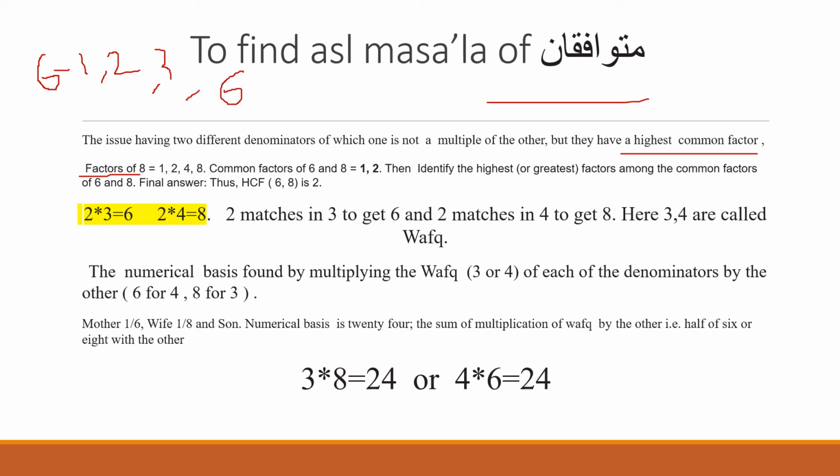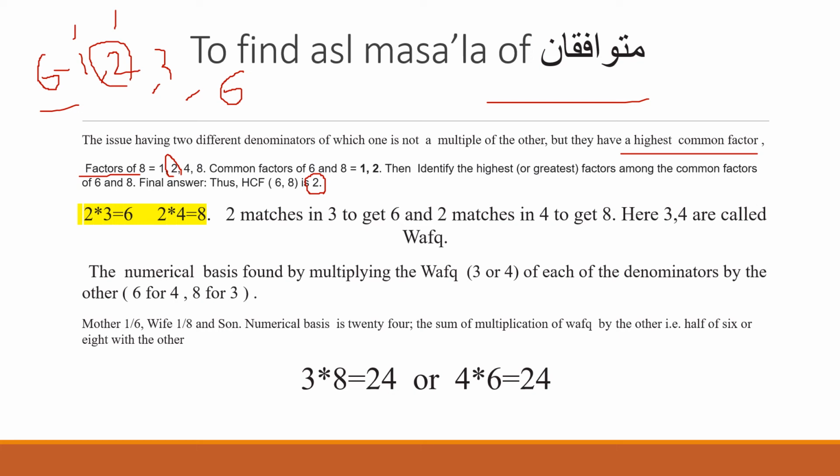So in the factors of 8 and the factors of 6, there are 1 and 2 common. These two numbers are both the same, but the highest one is 2. So the highest common factor, HCF, is 2.